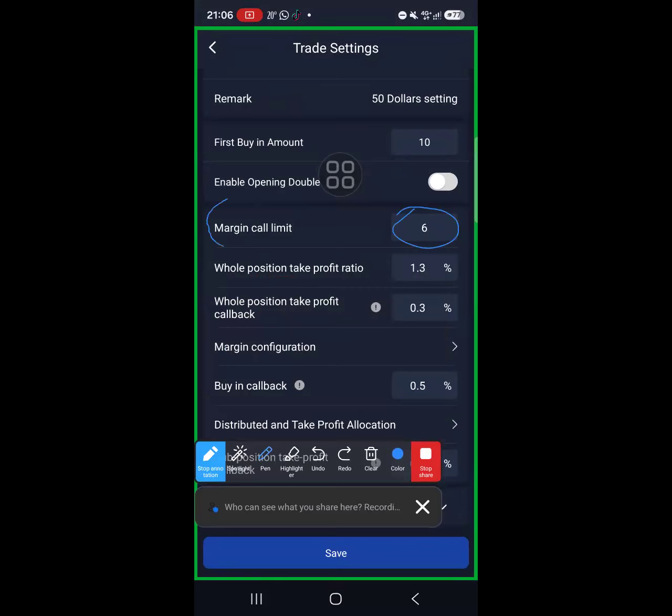So we want the robot to buy how many times? 6 times. The robot should buy 6 times. Now, if our first buy-in amount is $10 and the robot is going to buy 6 times, is the $40 enough?